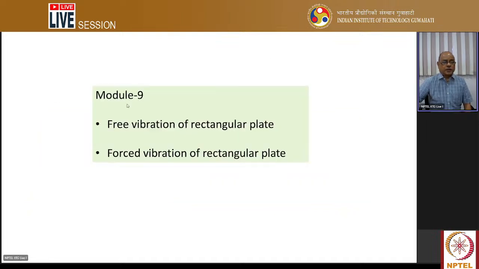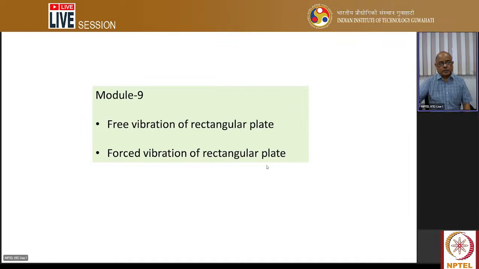So in the 9th module, I discussed free vibration of rectangular plate and forced vibration of rectangular plate. Only rectangular plate is discussed here, because in case of membrane, I discussed the circular membrane, which is in polar coordinate form. Similarly, plate is also studied in polar coordinates for circular shape.